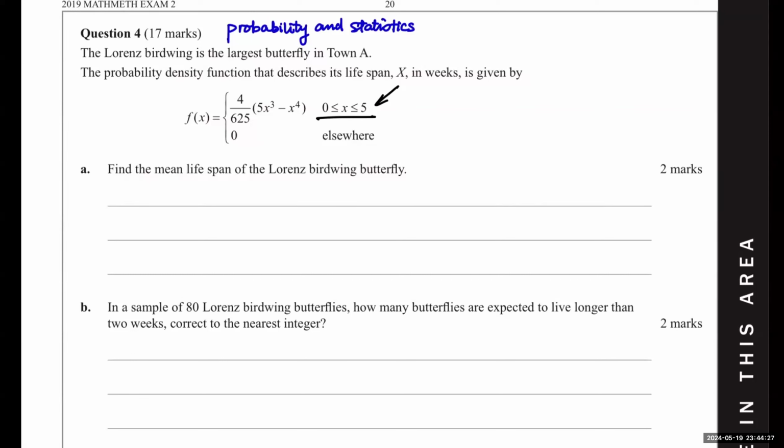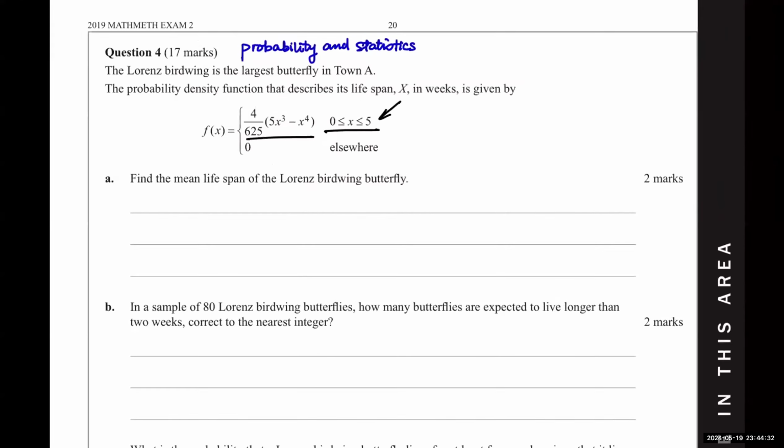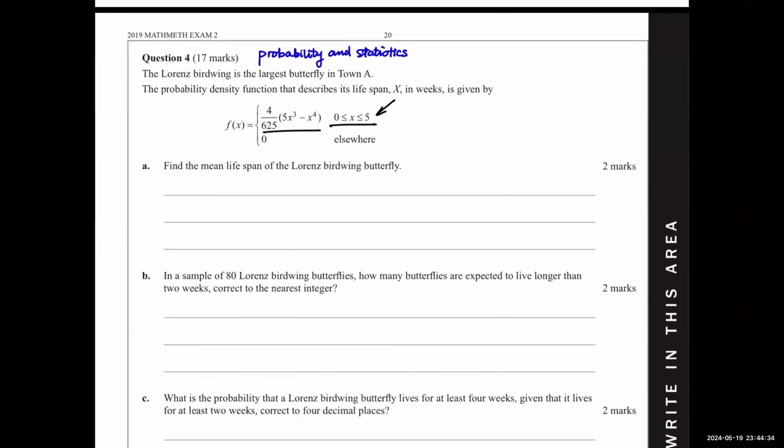So the mean lifespan, you can just define this function and then get the mean lifespan. Okay, and let's say mu equals the integration from 0 to 5 of 4x divided by 625 times 5x cubed minus x to the power 4 dx, okay? Something along these lines. And we need to use the CAS calculator to evaluate that.